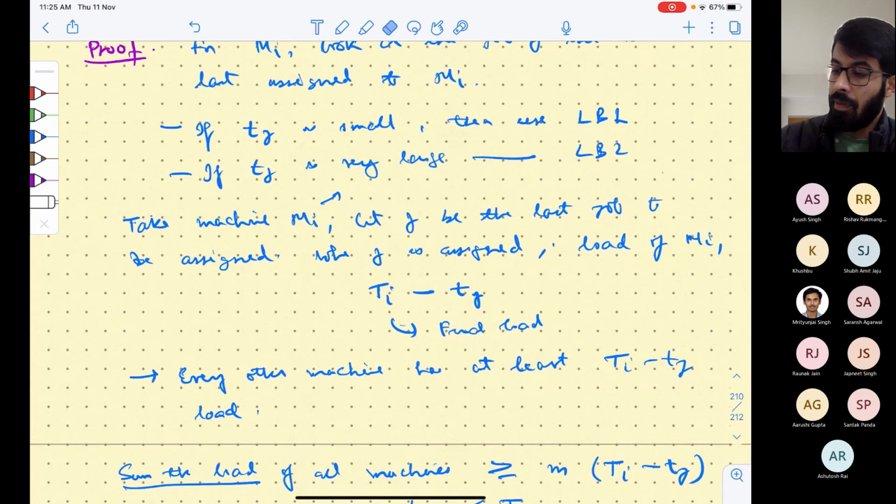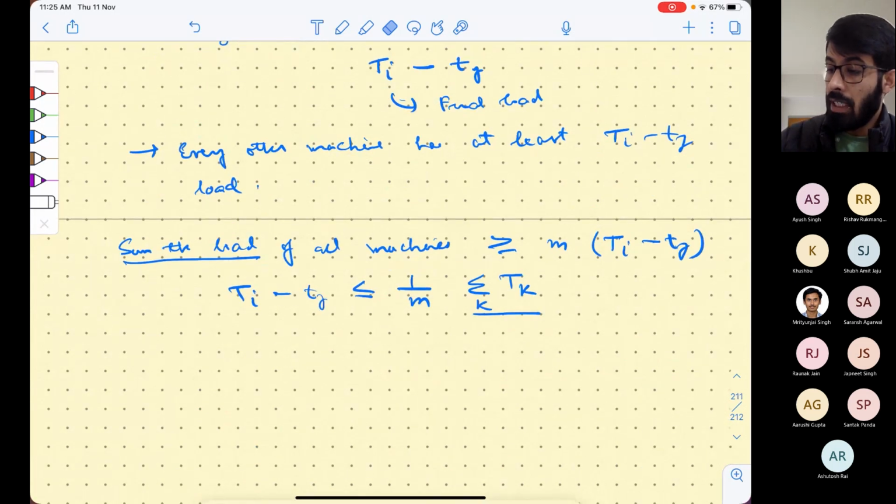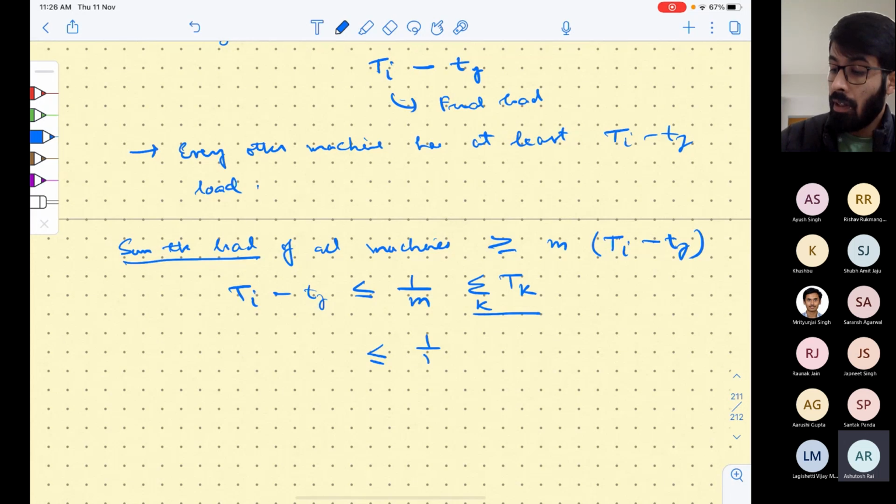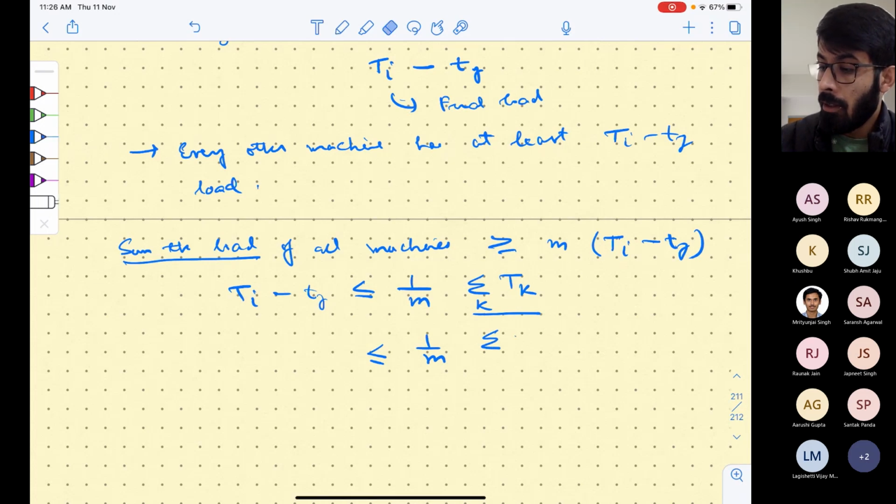So what is this? This is going to be at most 1 over m times this quantity. What is this quantity going to be? This is also the summation of all the Tj's, at most.